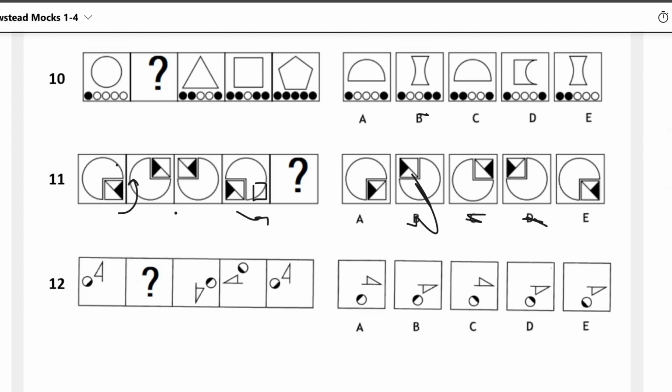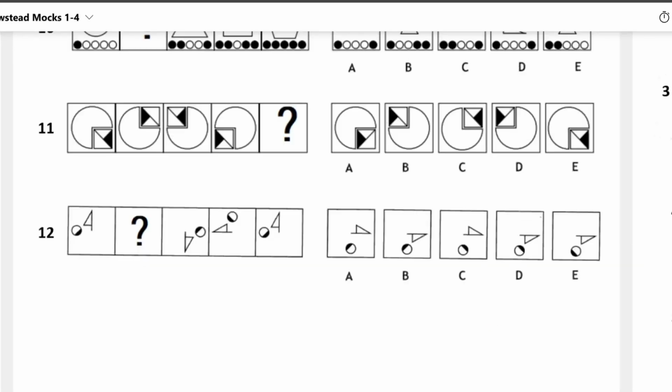It's not like we flip it or anything. If we rotate it, this black section is going to go all the way to the inside where it is over here. Then we flip it around again, and this black section is going to come to the outside to fill up this portion here, which looks like E.